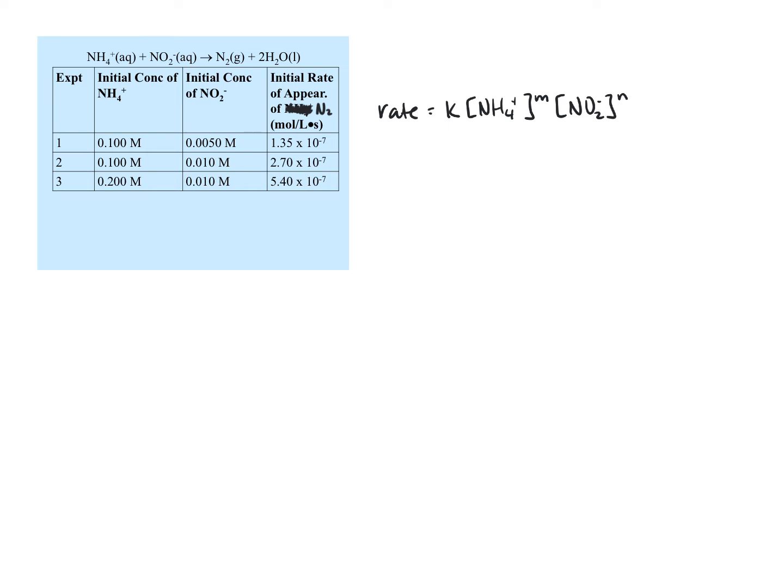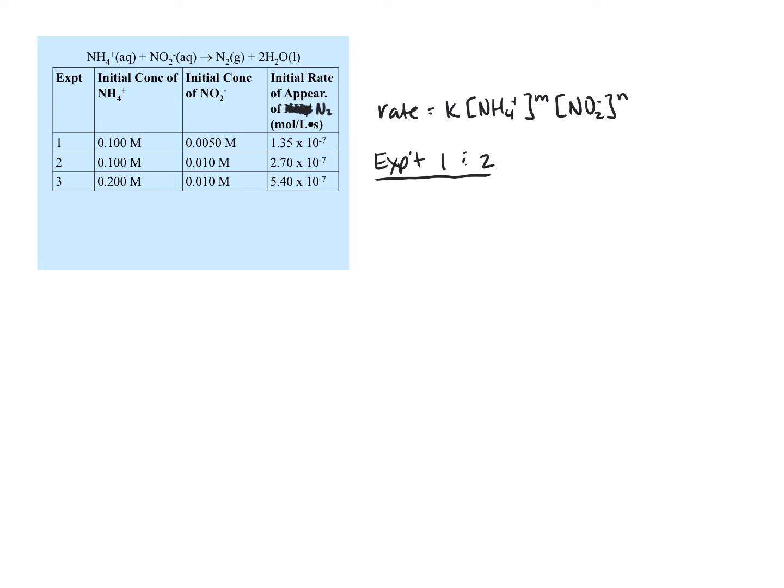And then we will also have to determine what the rate constant is for this reaction as well. So the first thing that we need to do is pick 2 experiments. So go ahead and pause the video and look at the data and try to pick 2 experiments where the NH4 plus concentration remains the same while the NO2 minus is changing. So pause the video to look at the data.